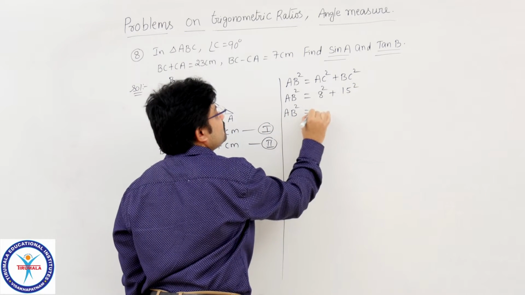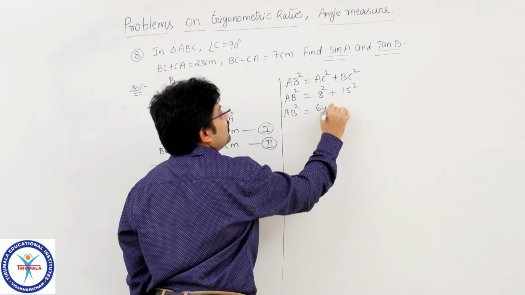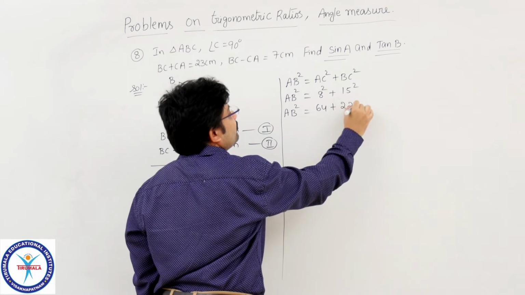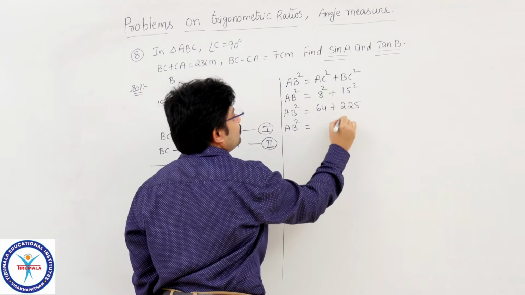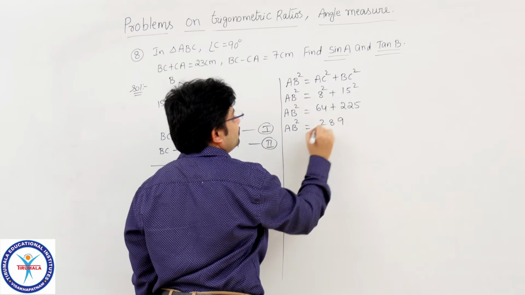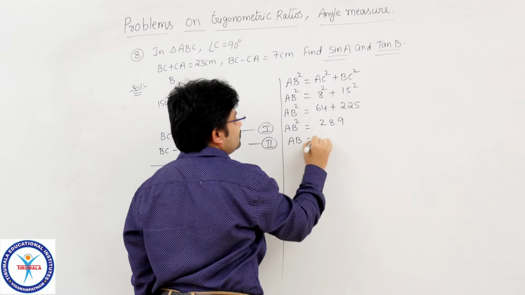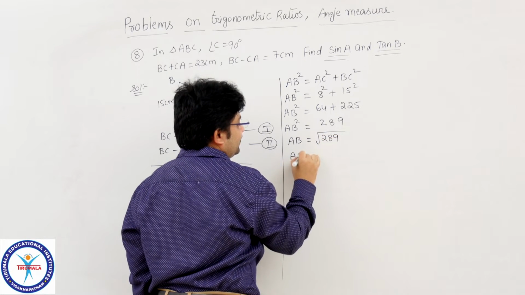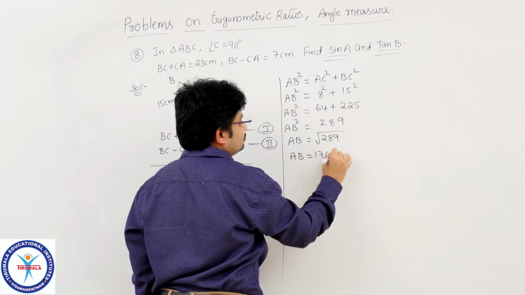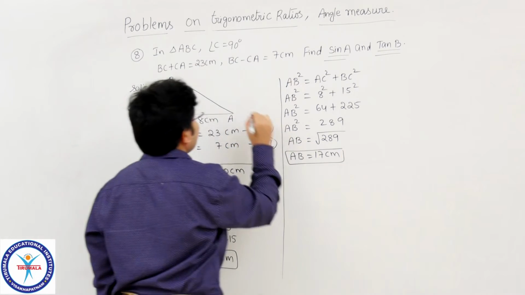Therefore, AB square is equal to 64 plus 225, which is 289. Therefore, AB is equal to the square root of 289, which is 17. So it is 17 centimeters.